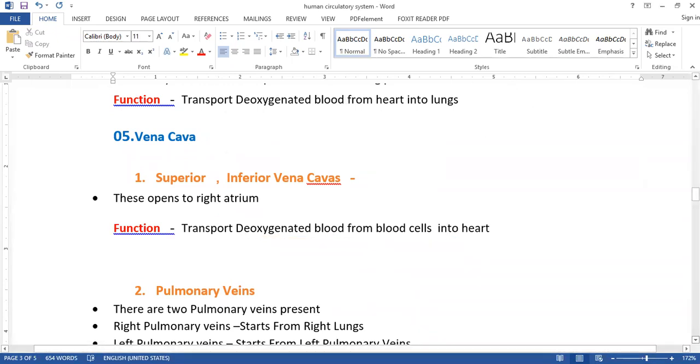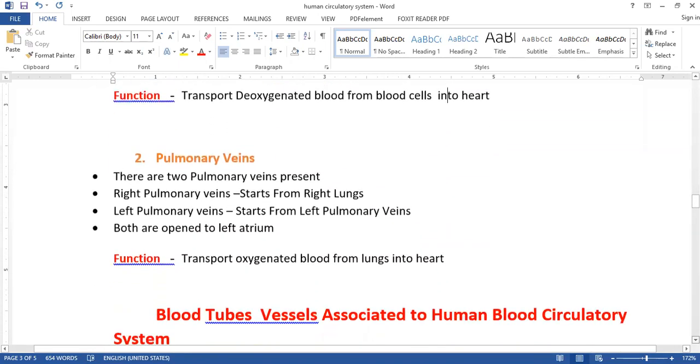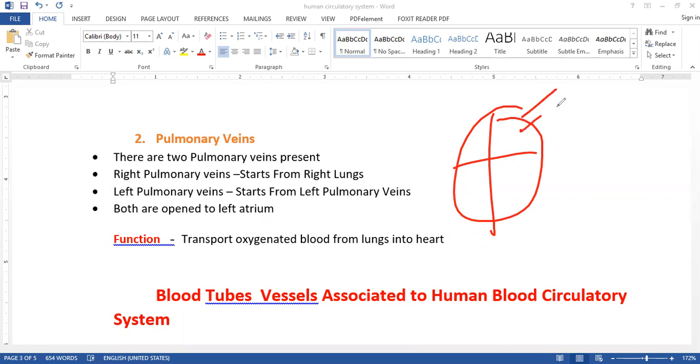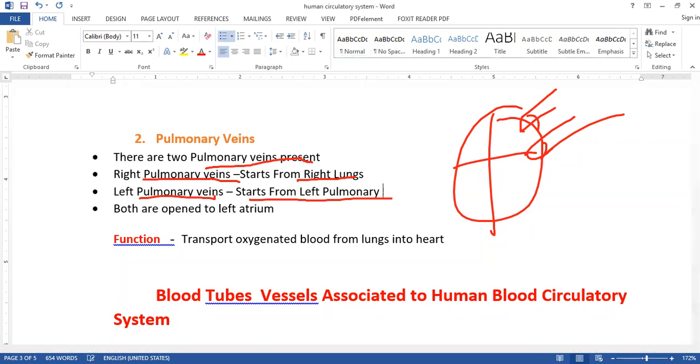And the next one is the pulmonary veins. We studied earlier also. If it's a heart, as I said earlier, this is the right and left ventricle, and the left atrium. There are two pulmonary veins coming from the lungs. The right pulmonary vein starts from the right lung, and the left pulmonary vein starts from the left lung.